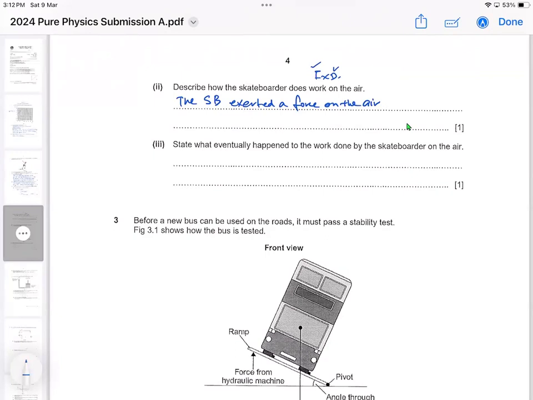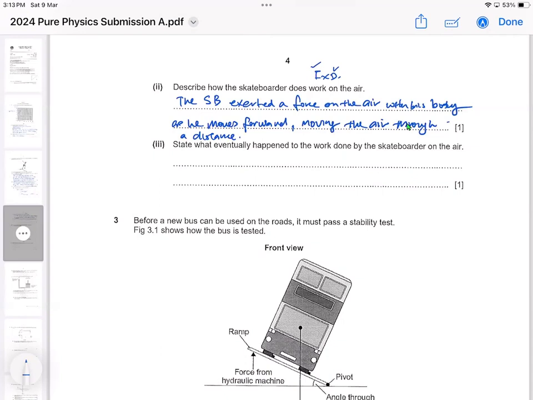How does he exert this? Generally because of his body. So his body is plunging forward, and the distance portion is moving the air through a distance.